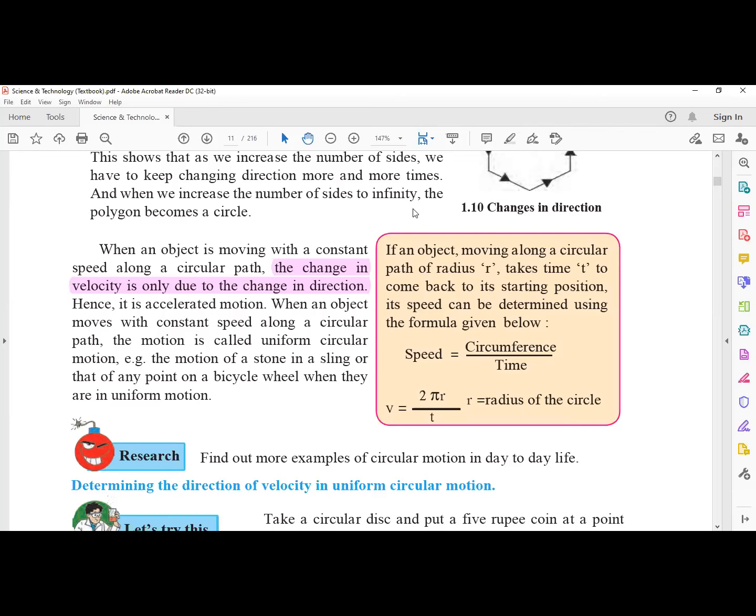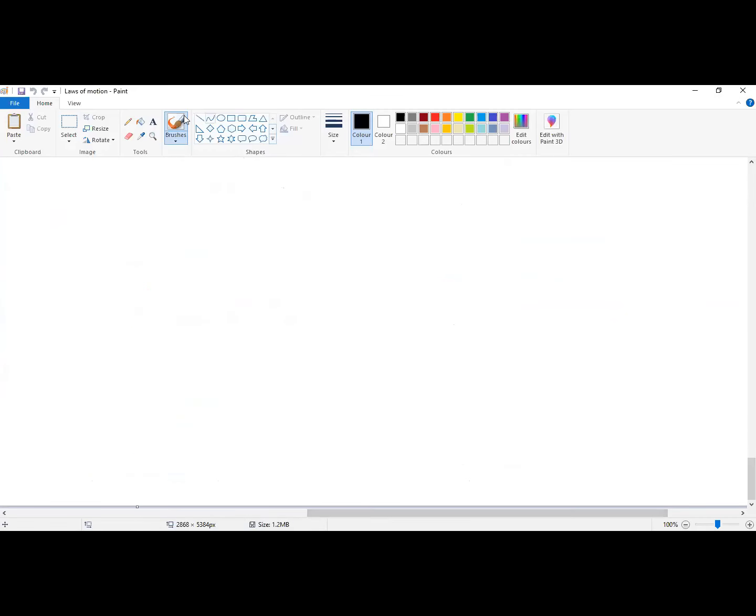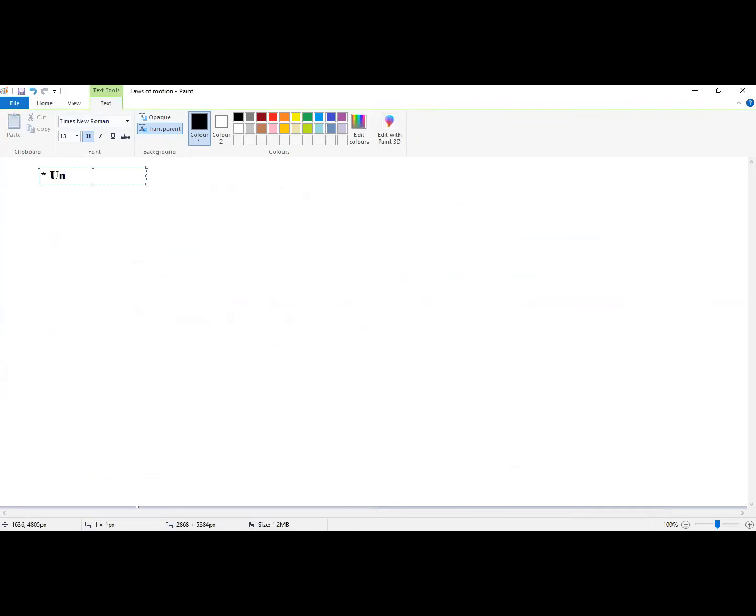Let me elaborate this in a paint window. Suppose the situation is like this. We are now talking about uniform circular motion.